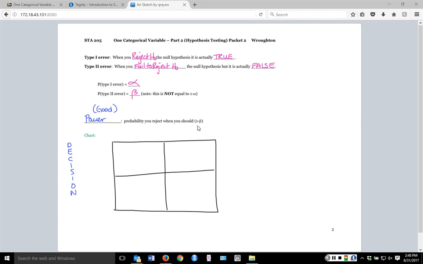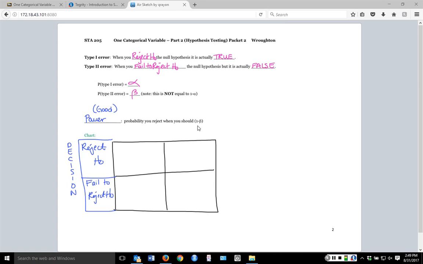In our decision, we can either decide to reject the null hypothesis, or we're going to decide to not reject it, or fail to reject. Those are our only 2 decisions when we do a hypothesis test.